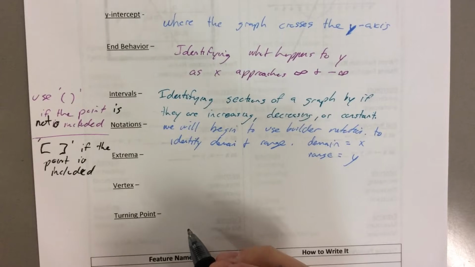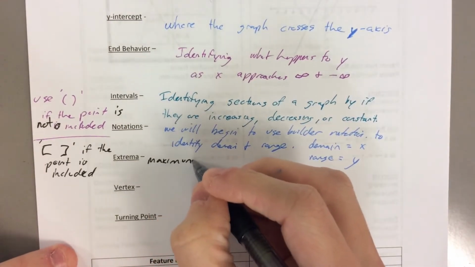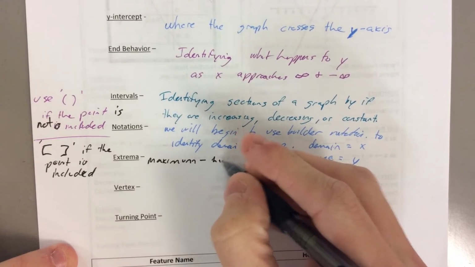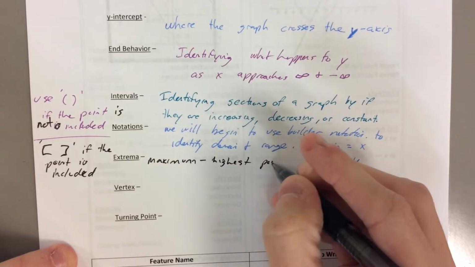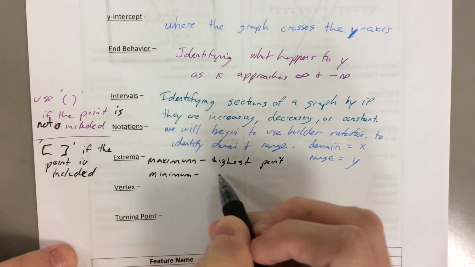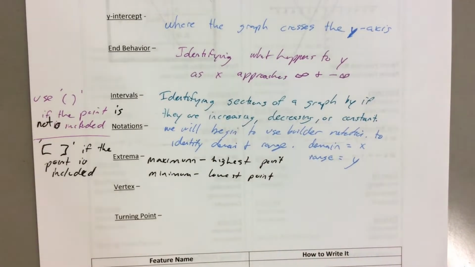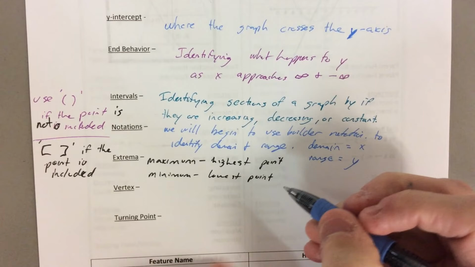All right, extrema, we got maximum. Well, that's just your highest point. And we got minimum, your lowest point. So just review there too. So there are some new ones here though.